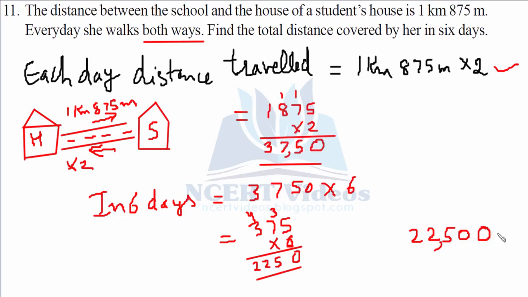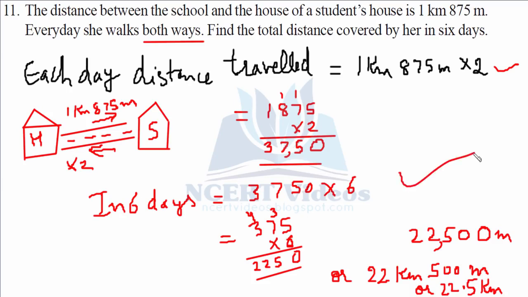Or you can also say 22 kilometer 500 meters. Or to further concatenate it, 22.5 kilometers. Total distance traveled in 6 days. So that is your answer.